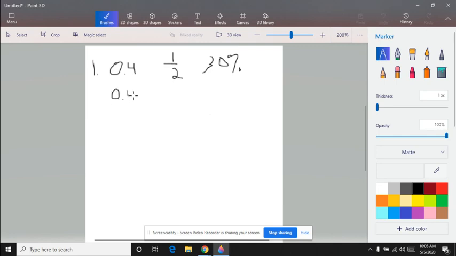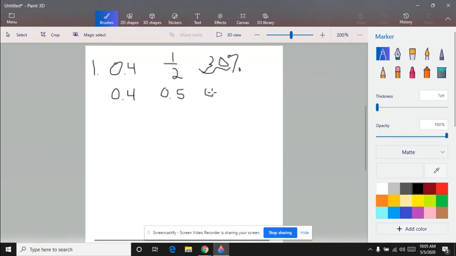So 0.4, I'm going to leave the same. 1/2, you should probably have it memorized by now. 1/2 is 0.5, right? But if you didn't have that memorized in your head, you could do 1 divided by 2 and figure that out. Okay, so 0.5, and then 30%, we just bring it 2 spots to the left.